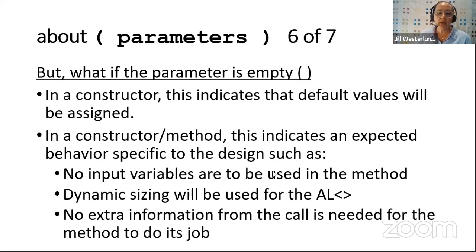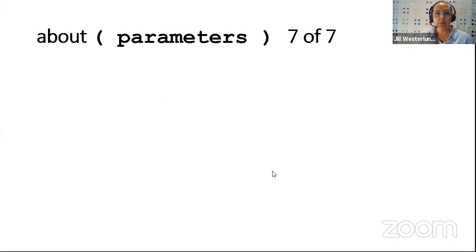And sometimes there's just no additional information needed for the method to do its job. You see that a little bit on the Java quick reference. Size is empty if we call size for an ArrayList, for example. So there are times that you can see that.